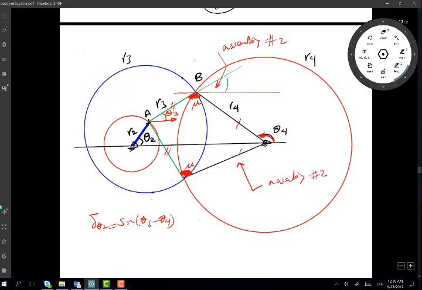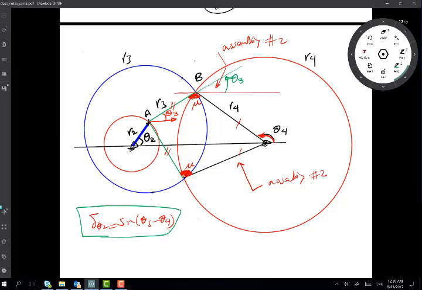Theta 3 is still this angle here. I want to see if I can use this angle theta 3 and maybe mu to get some understanding of J theta 2.